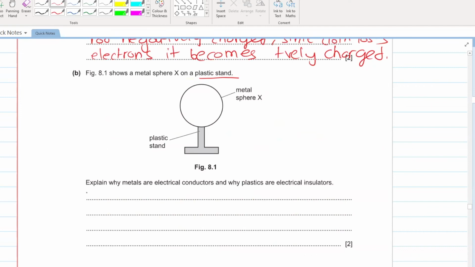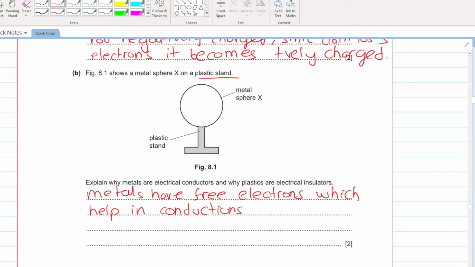Metals have free electrons, which help in conduction.